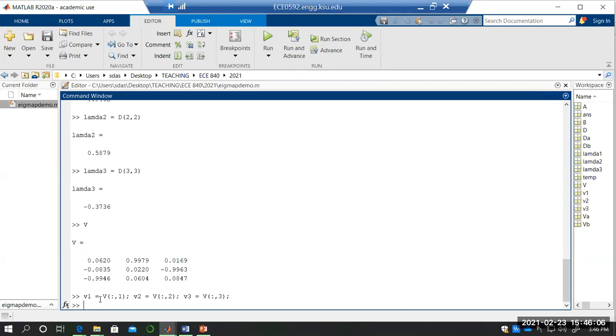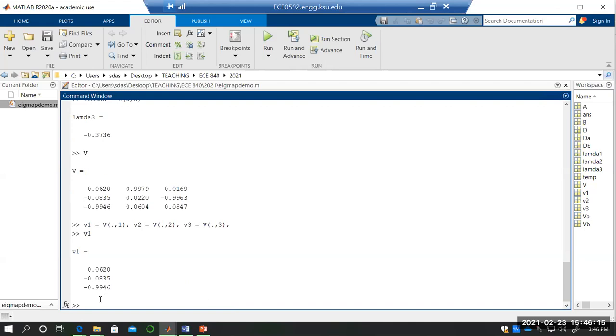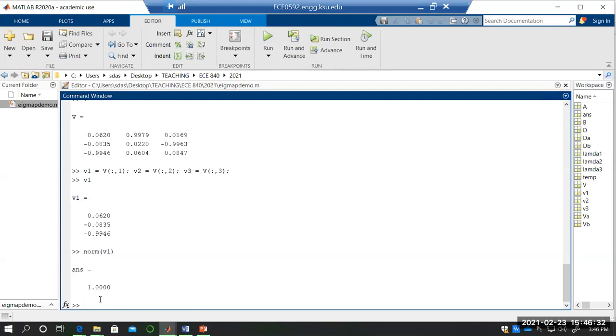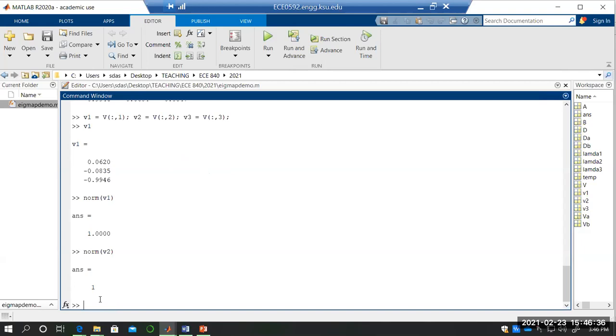Okay, so my eigenvalues are lambda 1, lambda 2, and lambda 3. Eigenvectors are v1, v2, and v3, right? And now we can see that the lengths are 1. Norm V1, norm V2, and likewise for the others: all the eigenvectors are unit vectors.